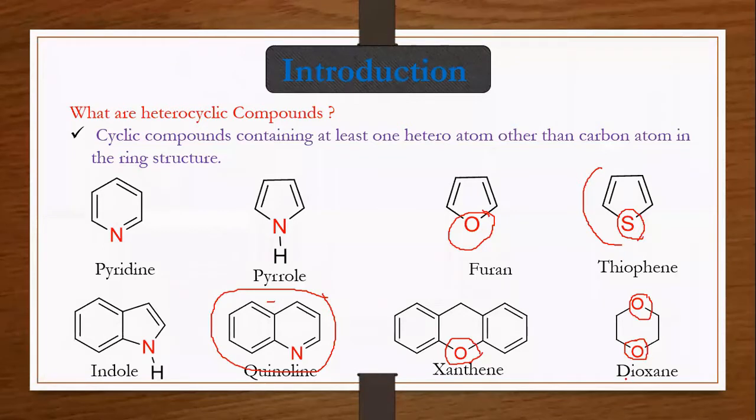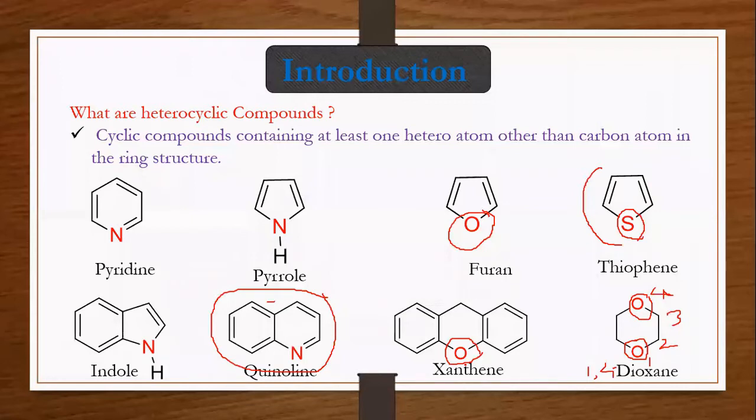But in addition to that, you can say 1,4-dioxane because both the oxygens are present at 1 and 4th position. Okay, it is 1,4-dioxane.